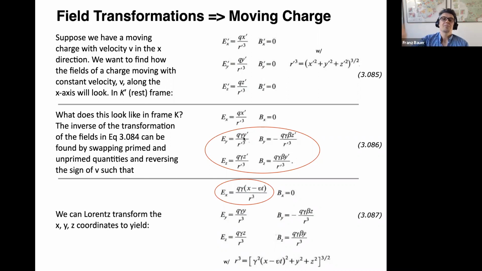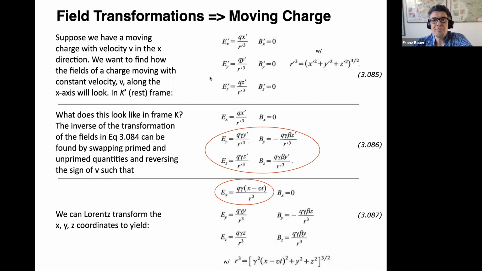When we take the Lorentz transform of X prime and put it into X, the transformation comes here, but it also comes here. When we transform from R prime to R, we have this extra factor, so the gamma factor and the V come in here, in here, in here, in here, even though the Y and Z transform pretty trivially.